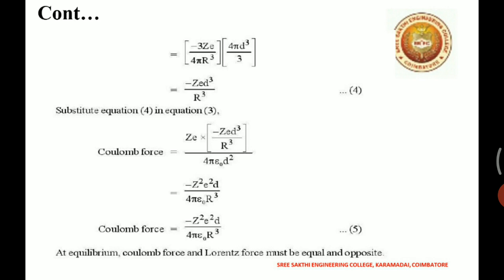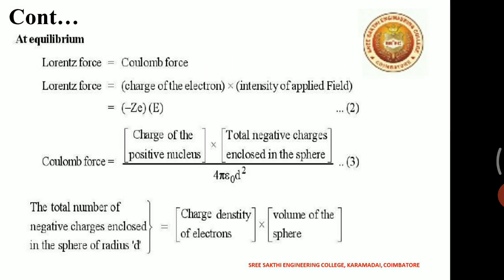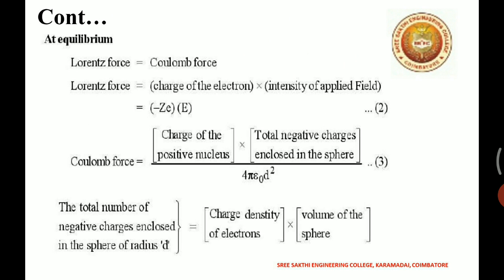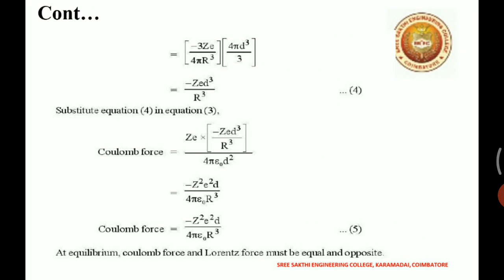So on simplifying this, the 3s cancel, 4 pi cancels, and remaining is minus Ze d cube by R cube. So substituting this value in equation number 3, that is the Coulomb force, charge of the positive nucleus into total negative charges, we substitute in this equation number 3.